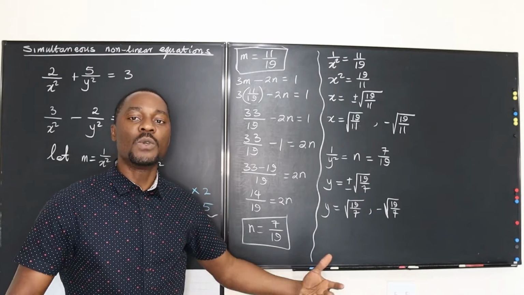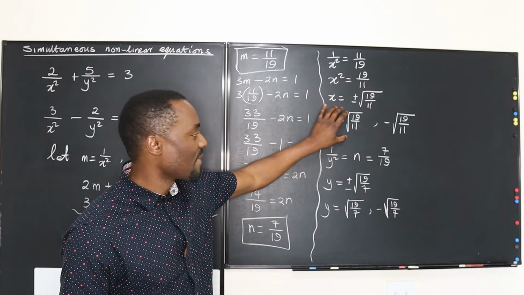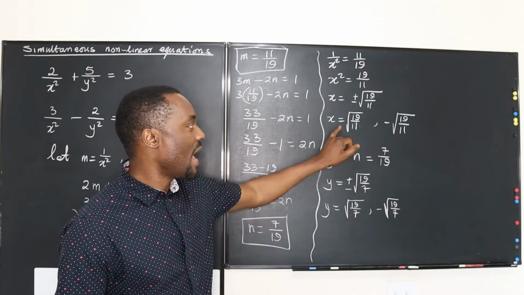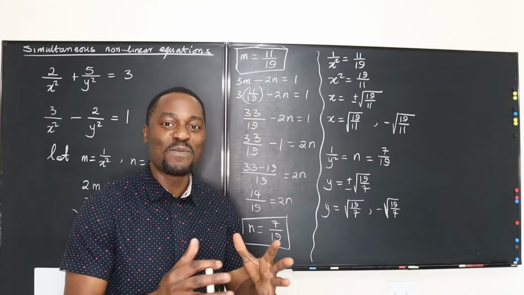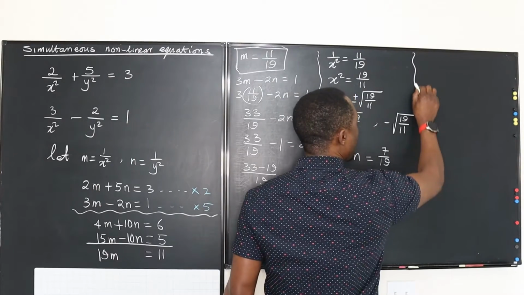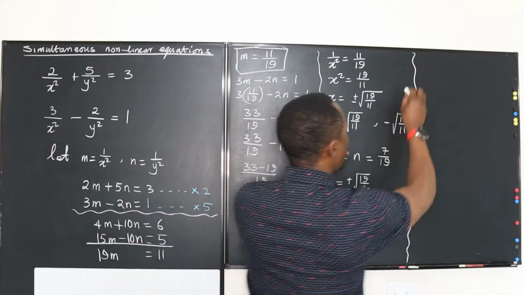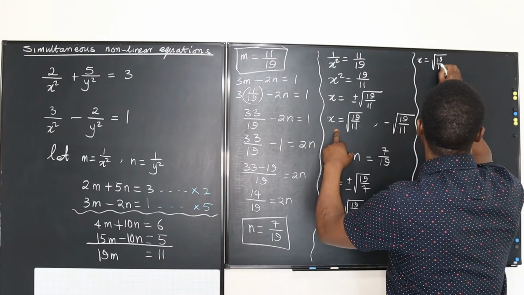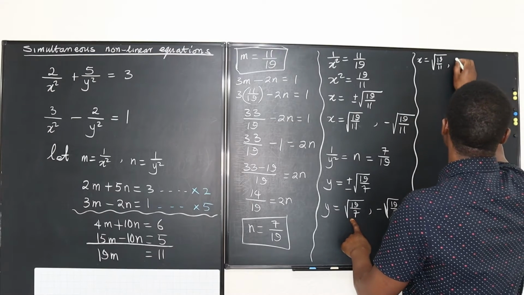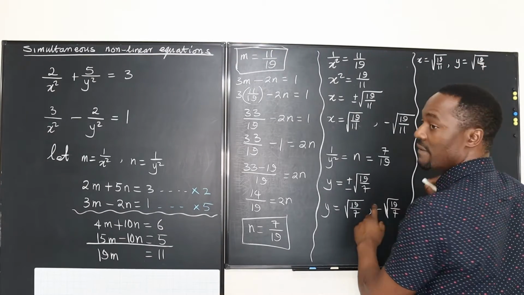So what are the solution sets? Remember, it is either x is this and y is this, or x is this and y is this, and so on. So you're going to have 4 sets of solutions. The solution sets will be x equals square root of 19 over 11 and y equals square root of 19 over 7.